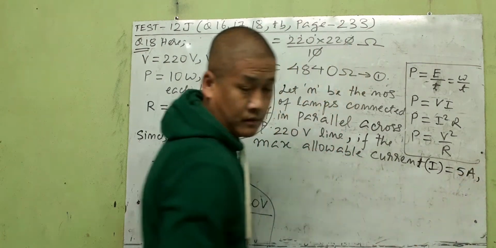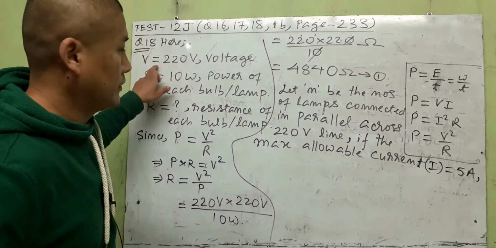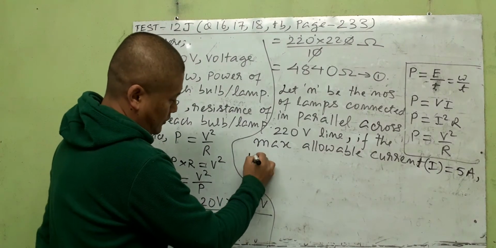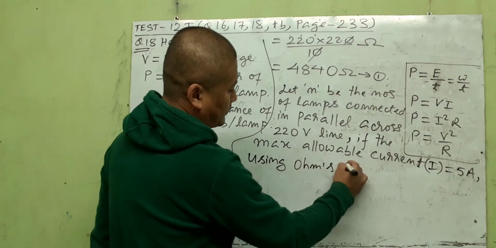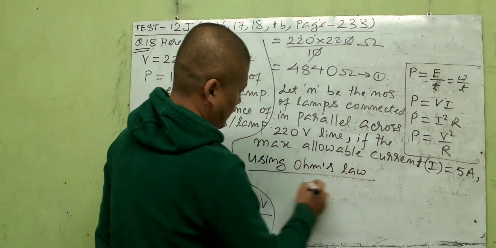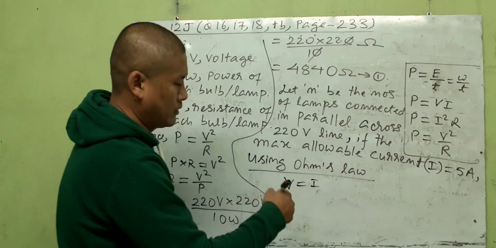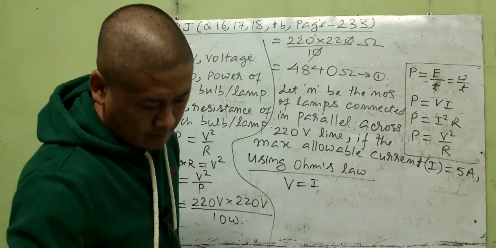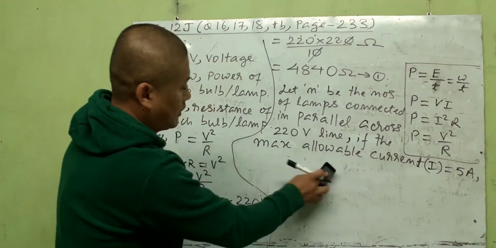This much is given. So we know here I is there, V is already there, so you can use Ohm's law. So using Ohm's law equation, which is the famous equation we're well versed with, V is equal to I into R, right? Before using Ohm's law, we have to find the total resistance.